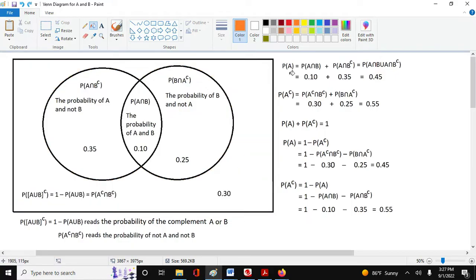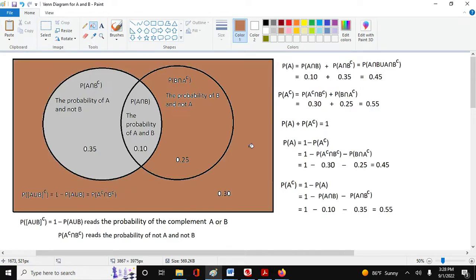So how do we find the probability of A? The probability of A equals the probability of A and B plus the probability of A and not B. If we add these 2 percentages together, we're going to get 0.45. So how do we find the probability of A complement? Well, that has to be everything that's not gray, here and here.